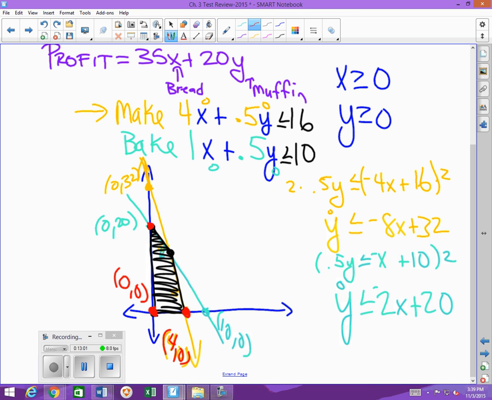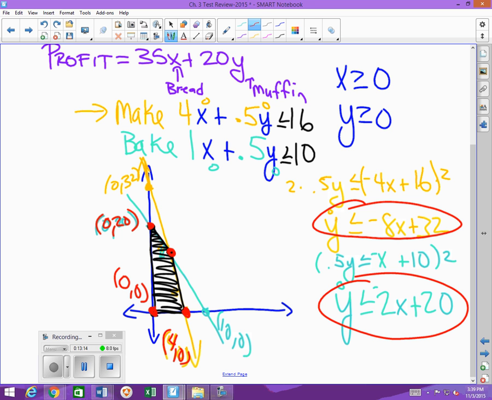That coordinate is 0, 20. And this coordinate we are going to have to find by taking these two equations and figuring out where they intersect. Now you can use your graphing calculator to put them in there and find the intersection point, or you can try to solve these two equations for x and y. Either way, you're going to come up with an answer of 2, 16.